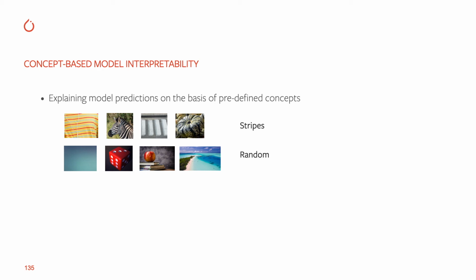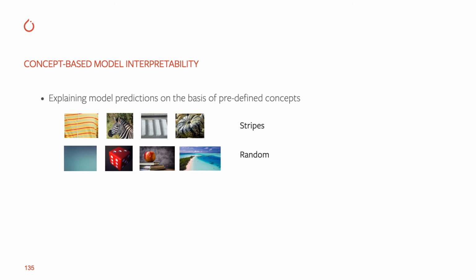In this case, we have examples of two concepts, straps and random. The concept of straps resembles a number of examples that contain a strap object in any possible context. It can be straps on a t-shirt, zebra, pumpkin, or crosswalk.